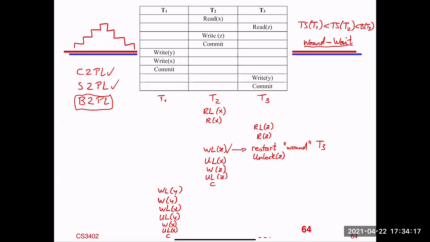Okay, so before I tell you what would happen with the wait die rule, there's one question in the chat: why can we get the lock in T1 after the other transaction released the lock?